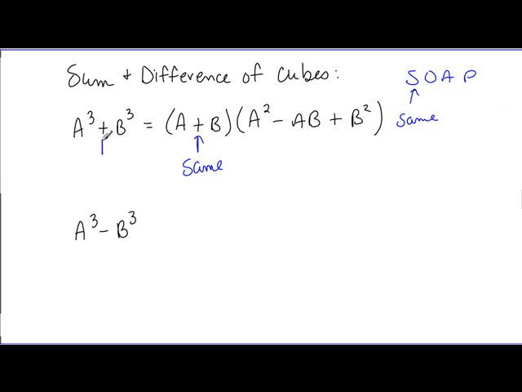We had an a cubed plus b cubed, so we start with a plus. The second sign is the opposite. So since we started with a plus, now we have a minus. The A and P go together for always positive.